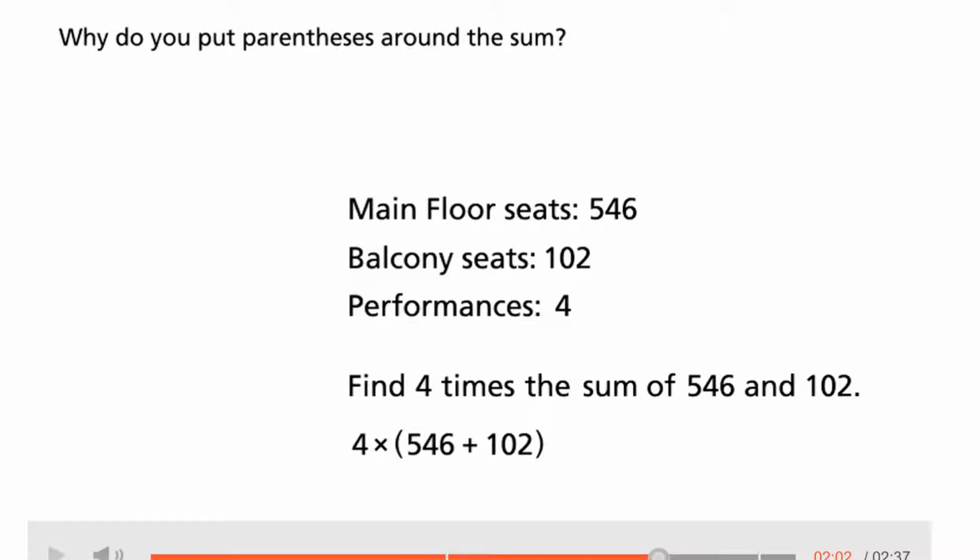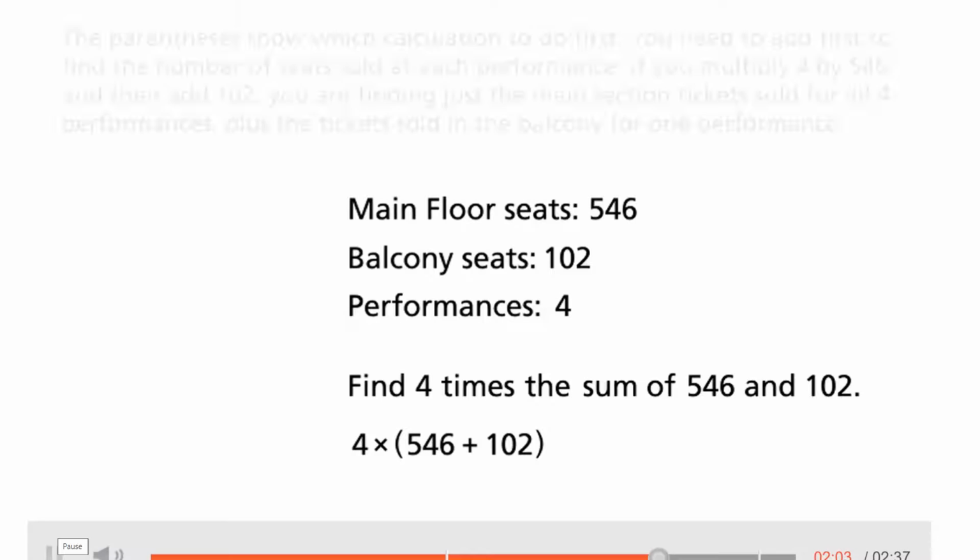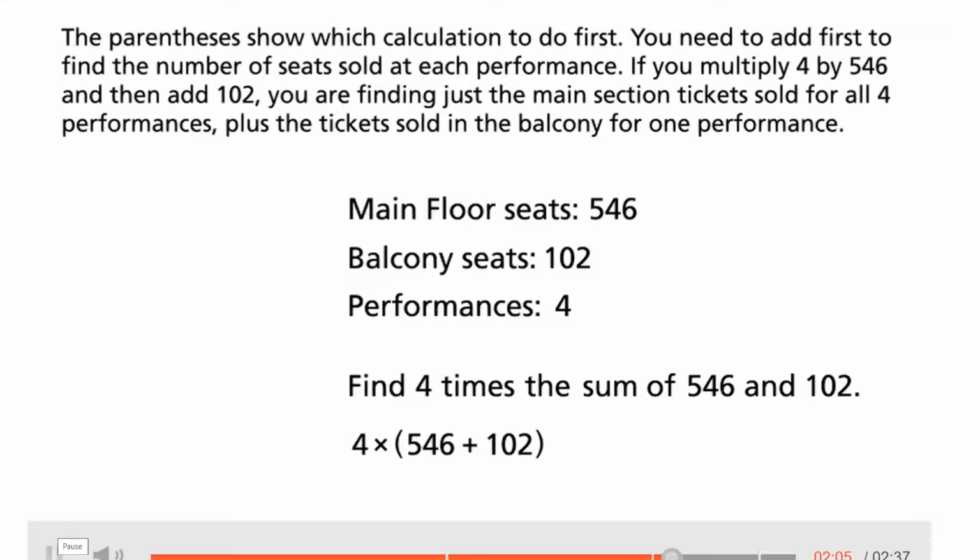In order for us to solve this problem correctly, first we need to find the total number of seats. So that's why we put those in parentheses. And then after we found the total number of seats, then we want to multiply it by 4 to show that the performance happened 4 times and all of those seats were filled up. The parentheses show which calculation to do first. You need to add first to find the number of seats sold at each performance.